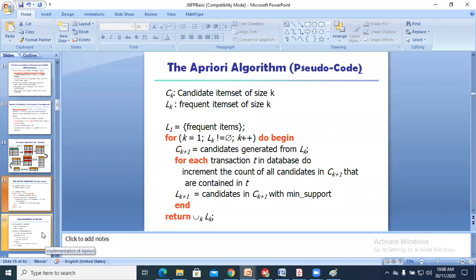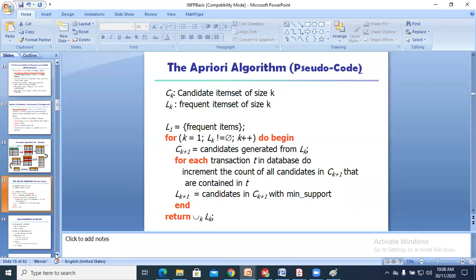Now we look into the problem which we have in this algorithm. The main problem is that if we have 1 lakh or 100,000 transactions, it is very difficult to apply this apriori algorithm because scanning a large database is problematic.